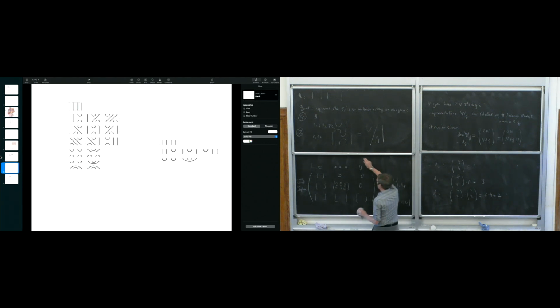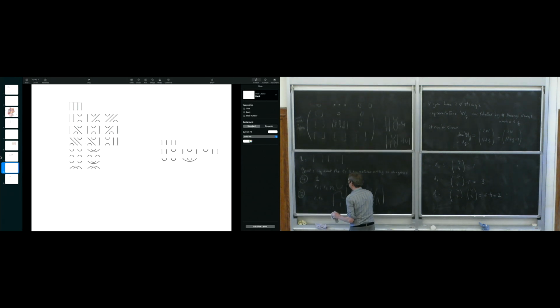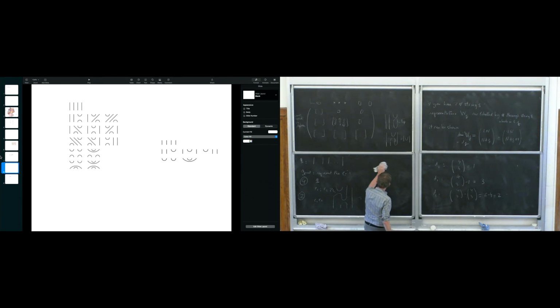Point number 2, once you have the representations, the dimensions of each representation, it is also easy to find the dimension of the algebra. The dimension of the algebra is given by the sum from j equals 0 to n of dj squared. Why?